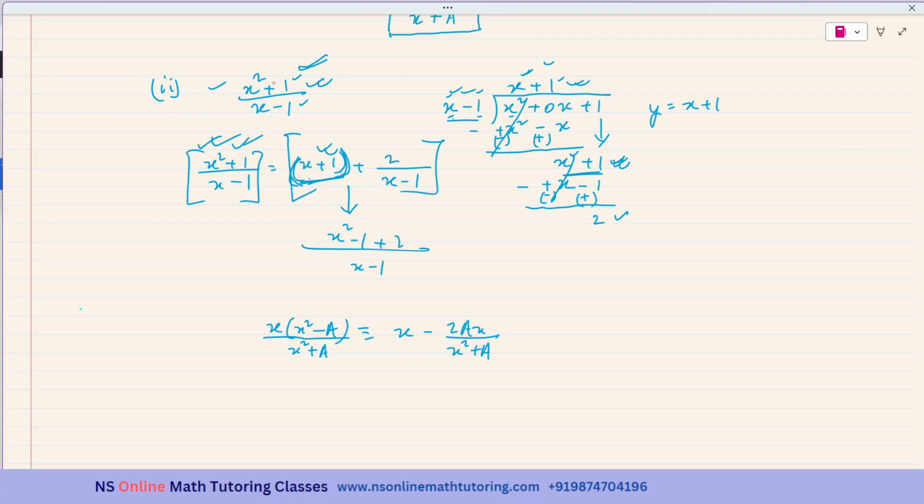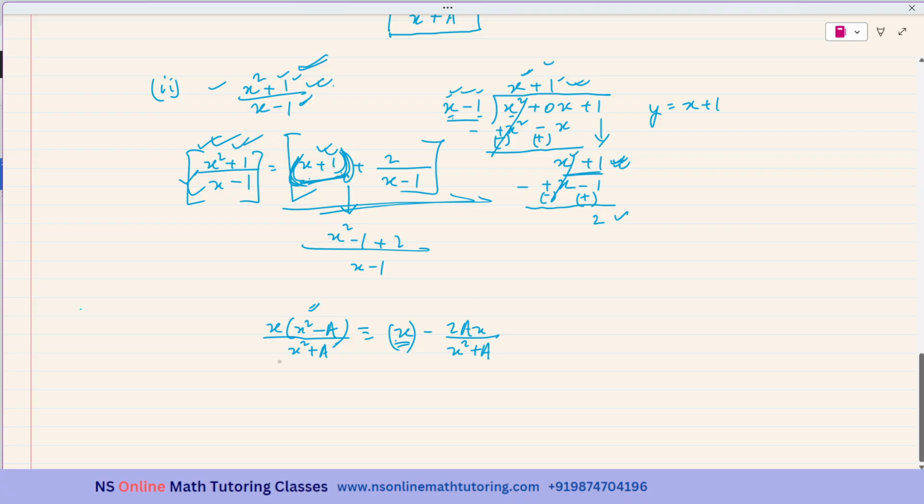For the earlier case, the degree of the numerator was 2 and the degree of the denominator was 1. And for this, the degree of the numerator is 3 and the degree of the denominator is 2. There is a difference of 1 in both the cases. And this can be written in this form. And this part which doesn't have any denominator, y equal to this part, will be giving you the equation of the oblique asymptote.